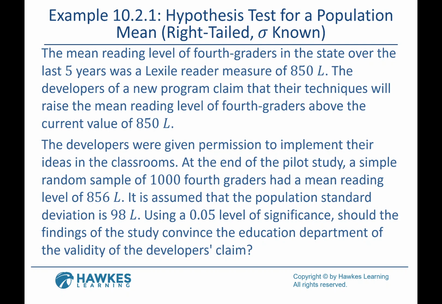So our alternative hypothesis, I'll call this step one, would be that the mean, that they're saying it's going to be above or greater than 850. That's the program developer's claim here that we're testing.